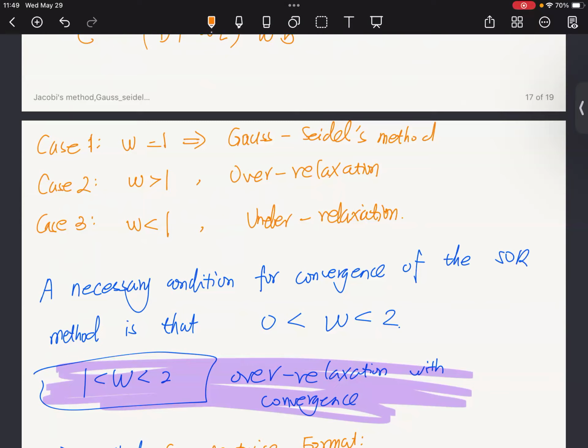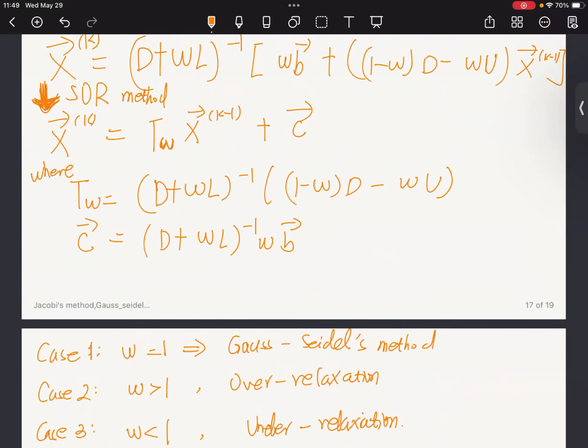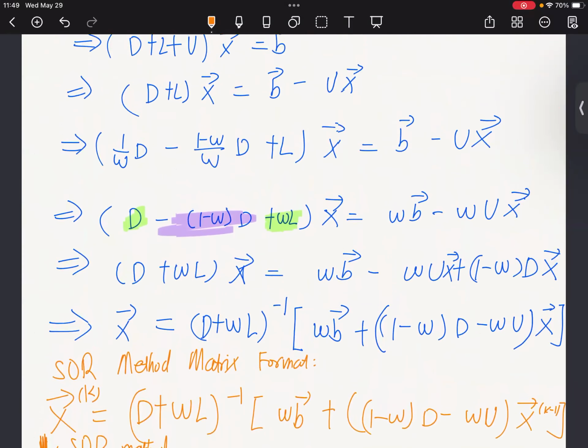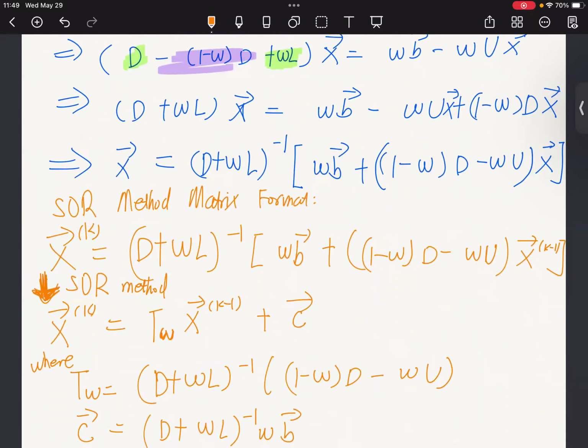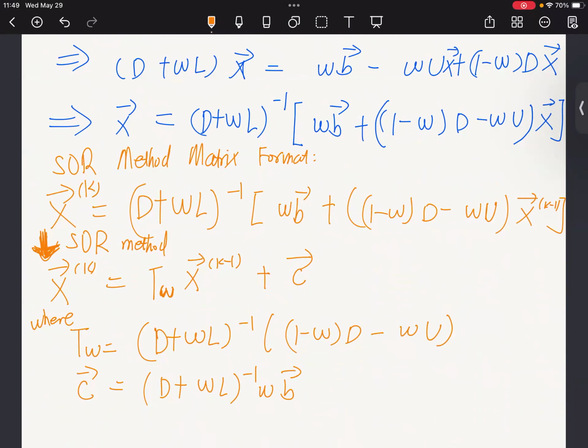The original goal is to choose the T matrix such that, so the T matrix, it looks like this for the over relaxation method. And this is the T matrix.